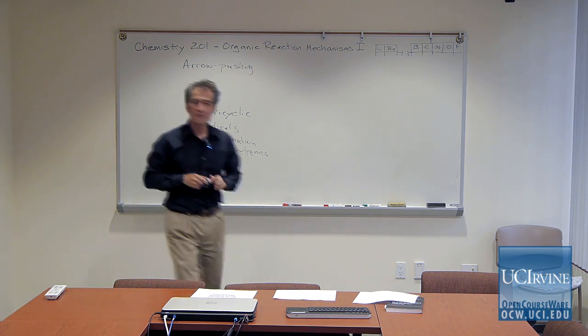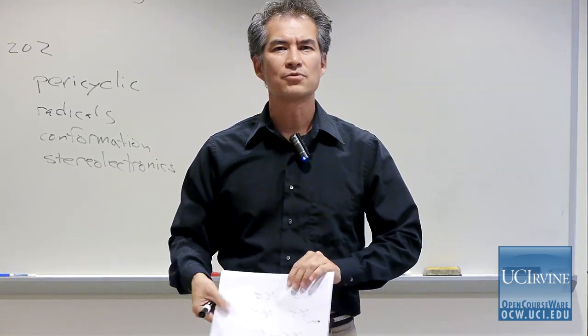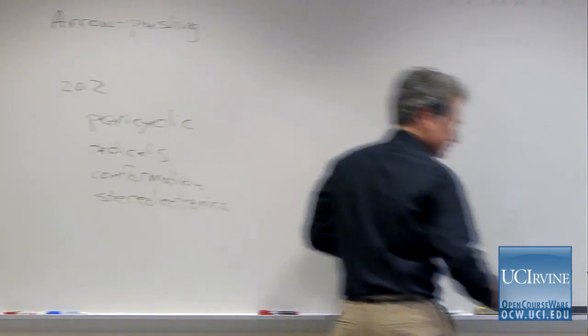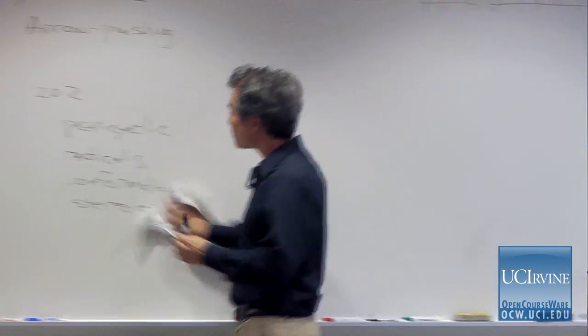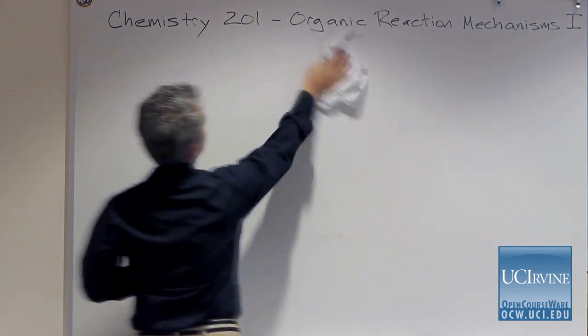So let me go ahead and start off with a fundamental question in organic chemistry, and that is, what does it mean when you draw a mechanism? And so let me start off by presenting you with a simple reaction. And let's ask some basic questions about that reaction.